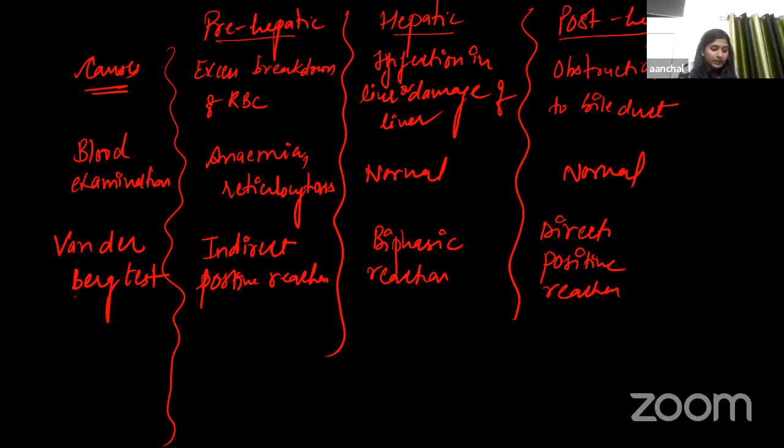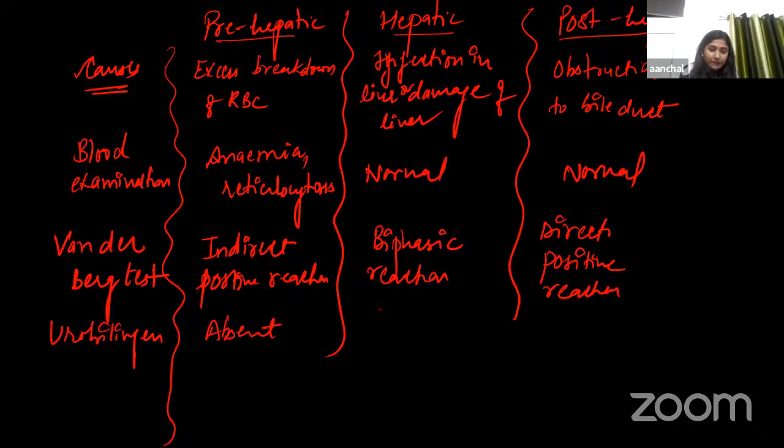Okay. Then next we have urobilinogen. As we know, in case of prehepatic, this urobilinogen will not be excreted because unconjugated bilirubin is not water soluble. So in this case, it will be absent.